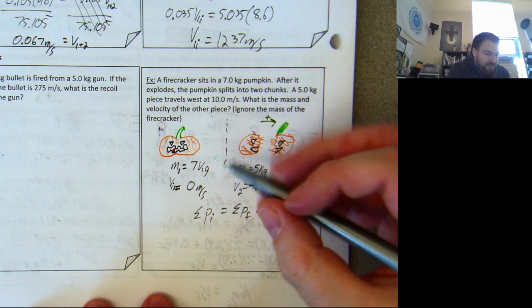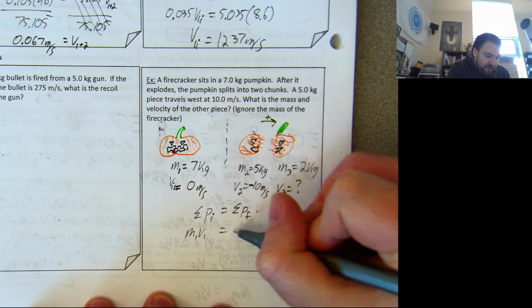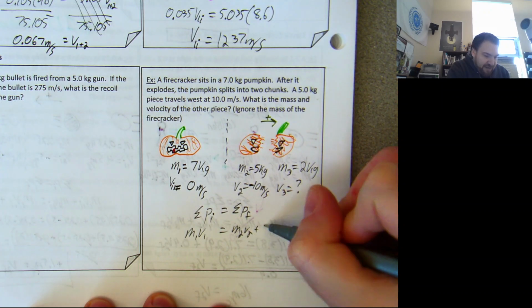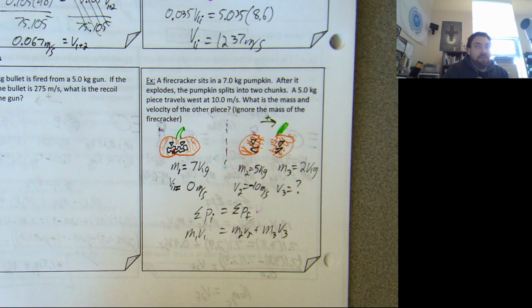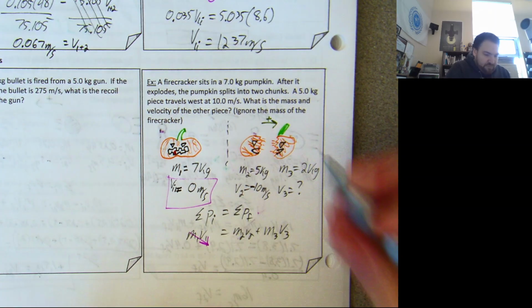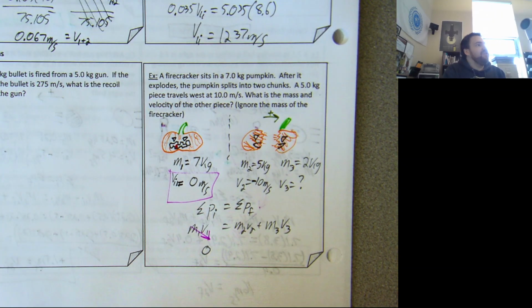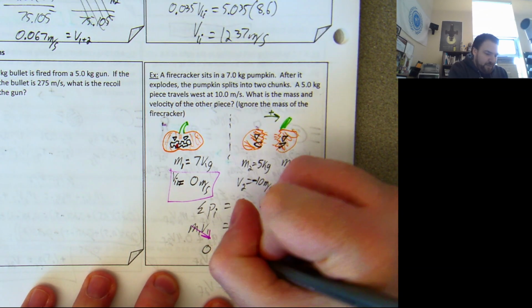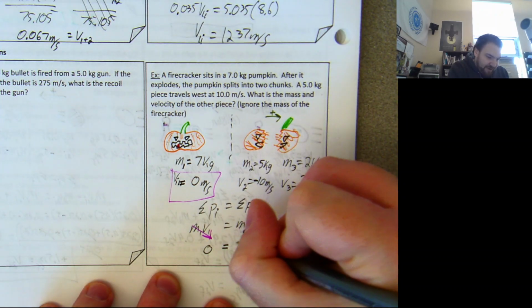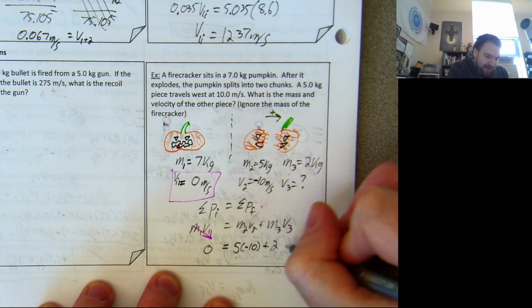Initially, you've only got one object, M1 V1, and that's going to equal M2 V2 plus M3 V3. But because the object wasn't moving to start, this is 0. So you're going to have 0 on the left-hand side. You actually have to put the 0 in there. Equals 5 times negative 10 plus 2 times V3.